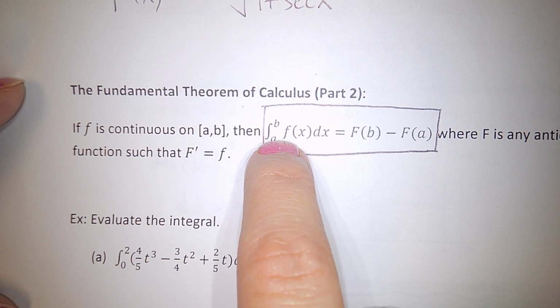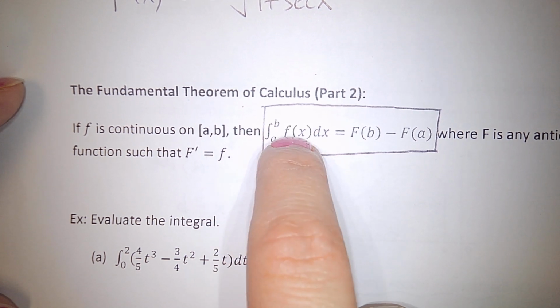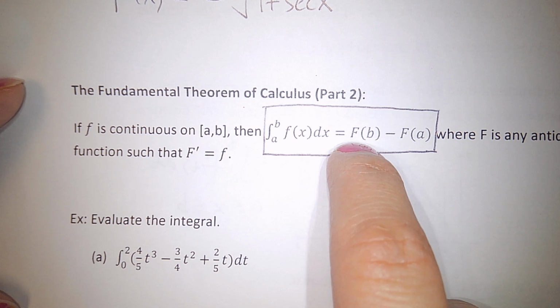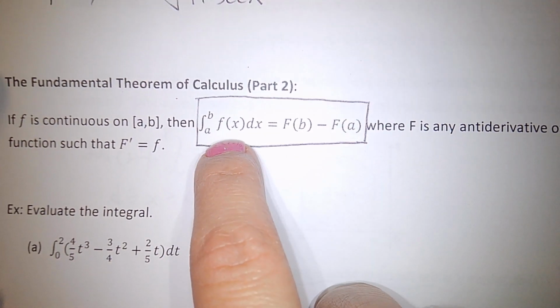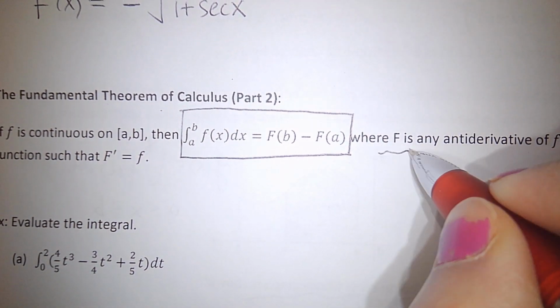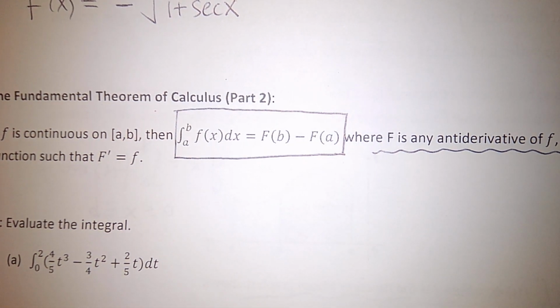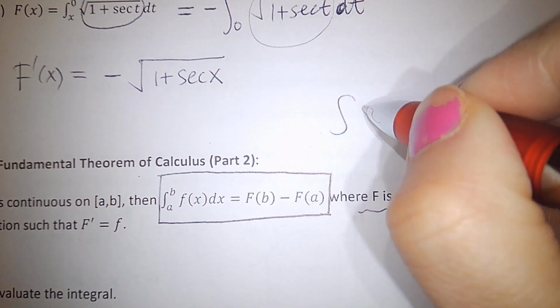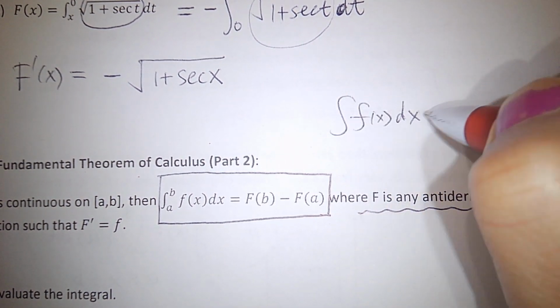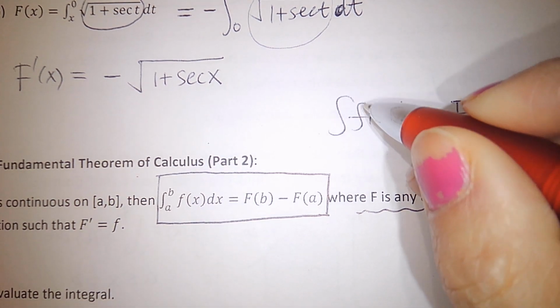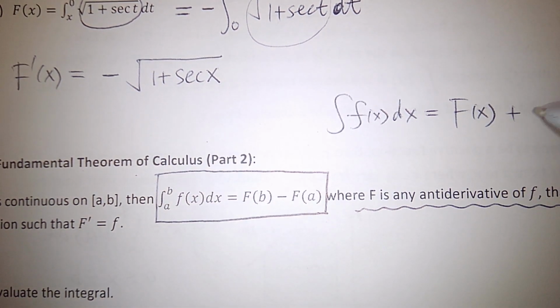So here, when we integrate f of x, we should have what? The antiderivative of lowercase f, right? So capital F is the antiderivative of f. Remember we learned that the integral of f of x dx equals capital F of x, the antiderivative of f, plus a constant c.